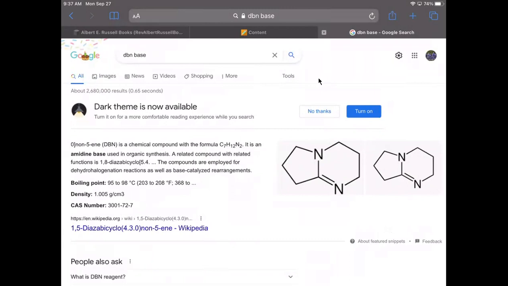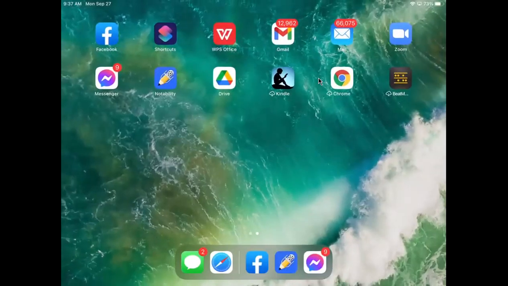So it's right here, and it's a strong base. It's a base that's used for elimination. All right, so let's go back to here.